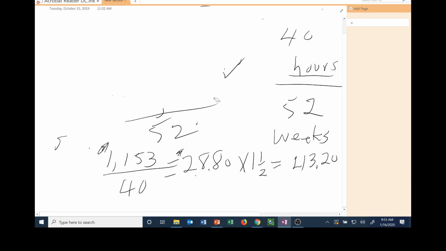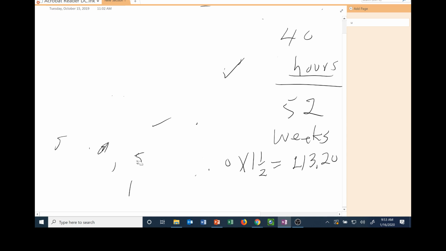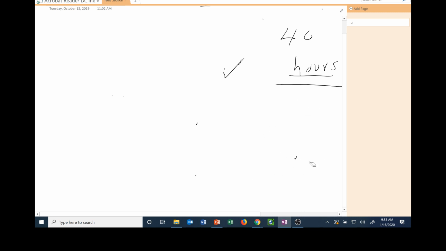So now, one last calculation, and this is the one, if you're not careful, you're going to miss it. I want the overtime rate if your monthly salary is $4,000. Your monthly salary is $4,000.